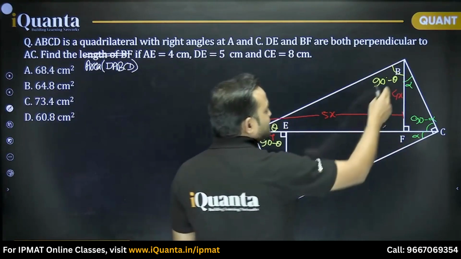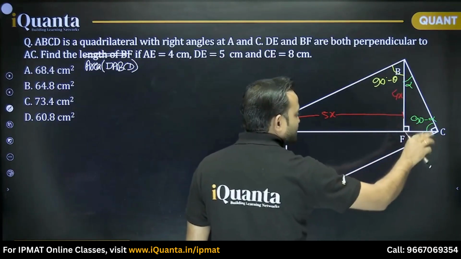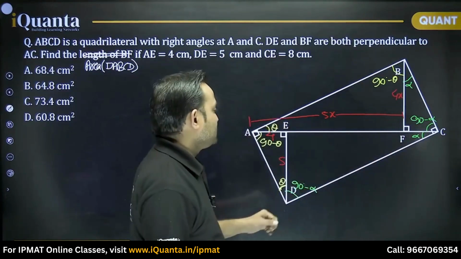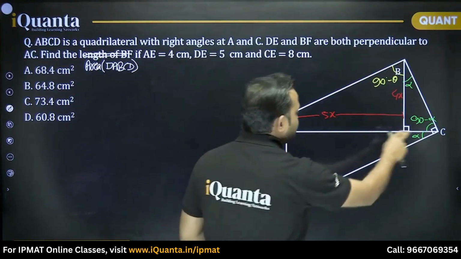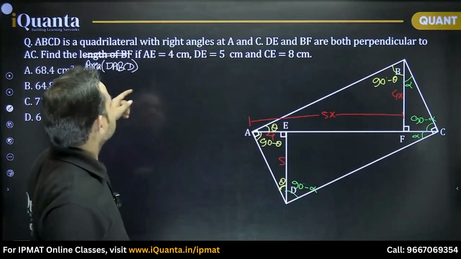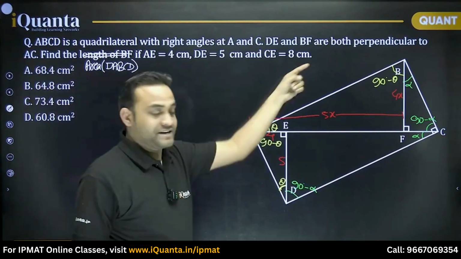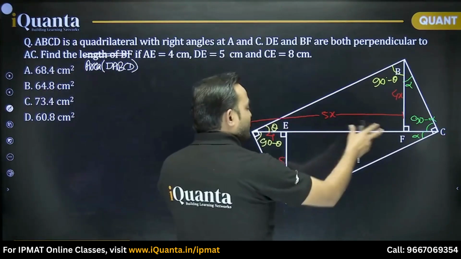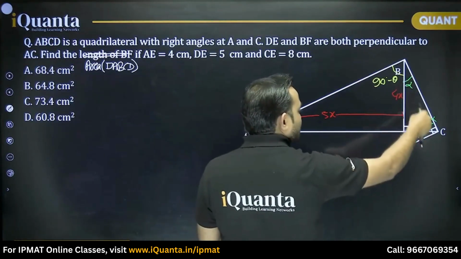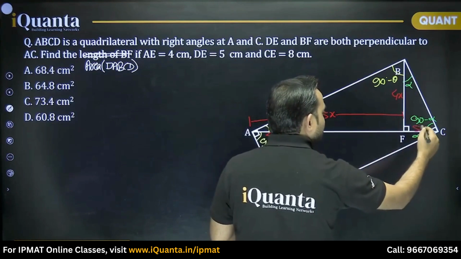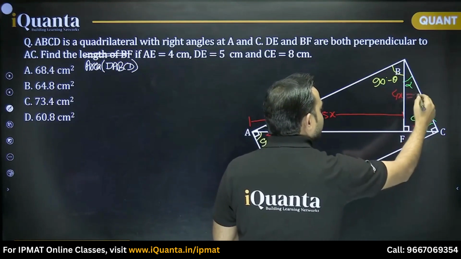The side length opposite to alpha should be corresponding to 5. The side length opposite to 90 degree minus alpha is EC. EC has been given. What is EC? So EC is 8. So 5 is to 8. So against alpha, if this is 5y, this should be 8y, right?